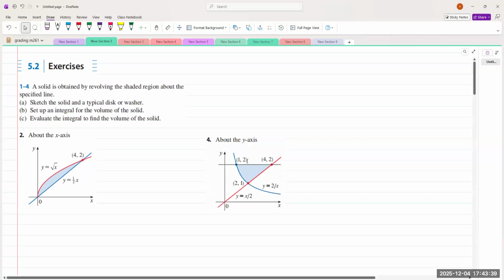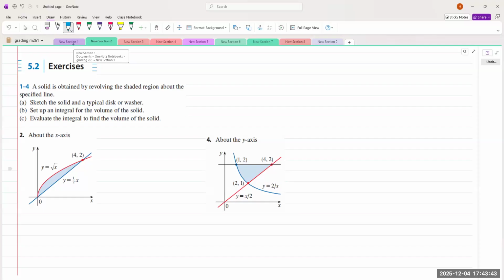Okay, so number 2 here, we have the curve above that is square root of x. The curve below is 1/2 x, and then later on we will generate a solid by revolving this with respect to the x-axis.